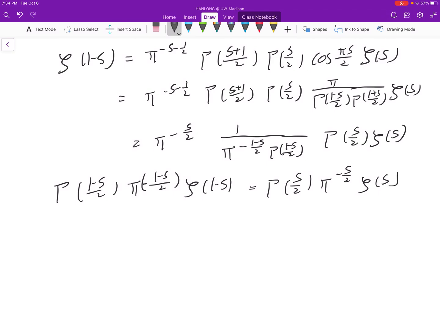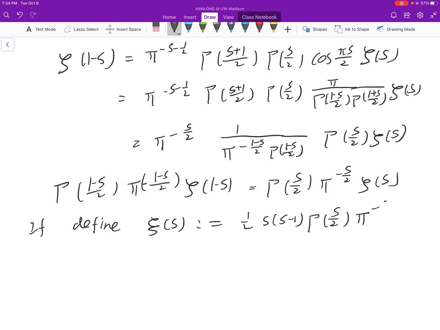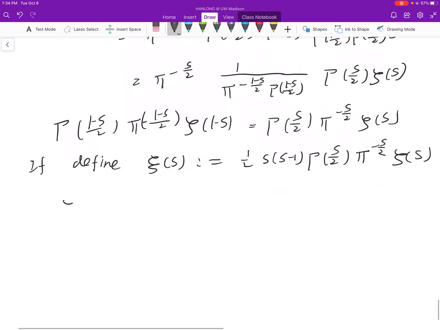So if we define ξ(s) as 1/2 s(s−1) Γ(s/2) π^(−s/2) ζ(s), then it's easy to see ξ(1−s) = ξ(s).